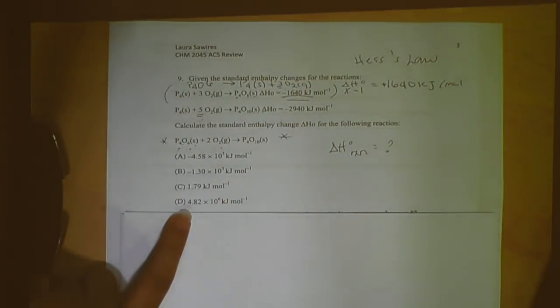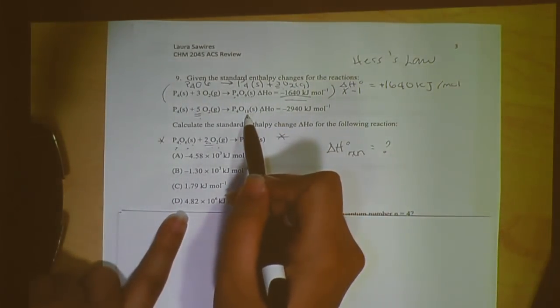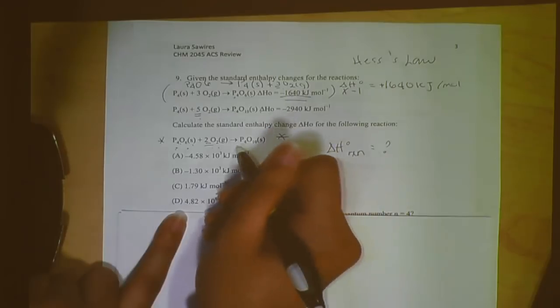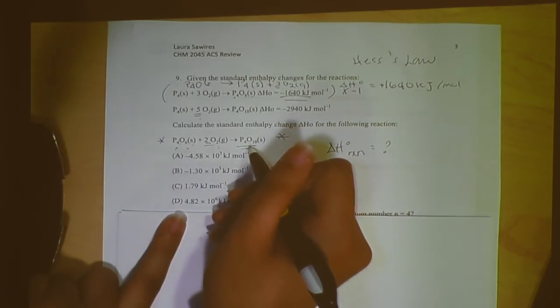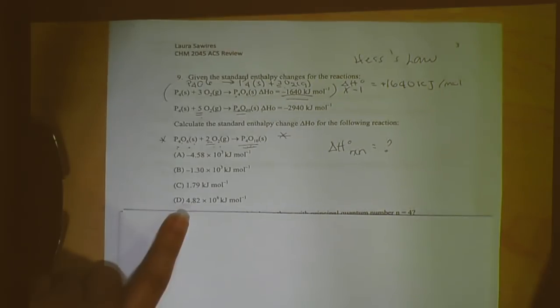So you have 5O2 here, and you have 3O2 here. If you were to cancel them out, which means you subtract them, right? It's going to be 5 minus 3, which is 2. So it gives you the 2 that you have here. Another way of seeing that this is going to remain as is and you're not manipulating it is that the P4O10 is on the product side, and here it's also on the product side. So you're going to have to keep it as it is.